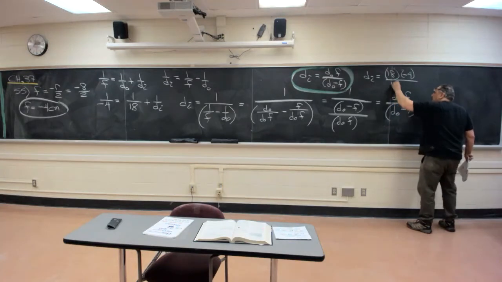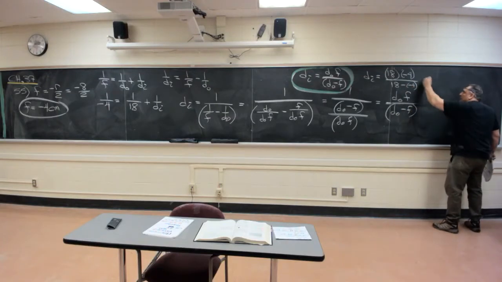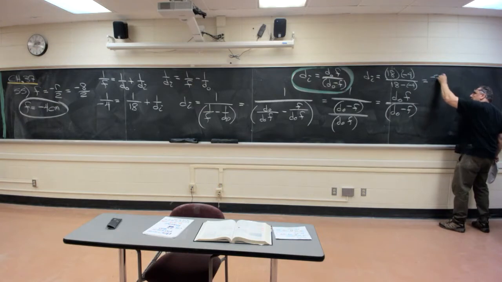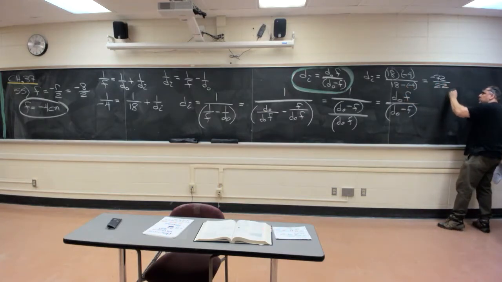The object distance was 18, and the focal length was -4. Go for it. The numerator is -72, and the denominator is 18 minus a minus 4, a minus is plus, so +22.